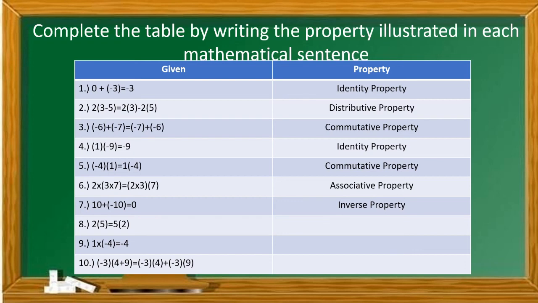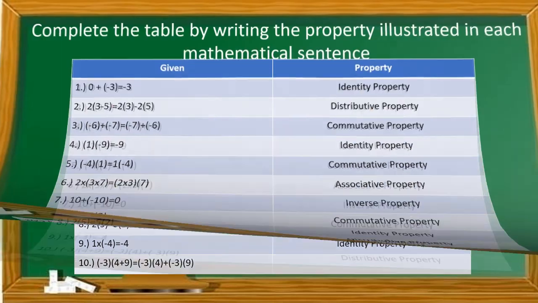That is right. It is commutative property. How about in the ninth number? Correct. It is identity property. And the last number is, good. It is distributive property.